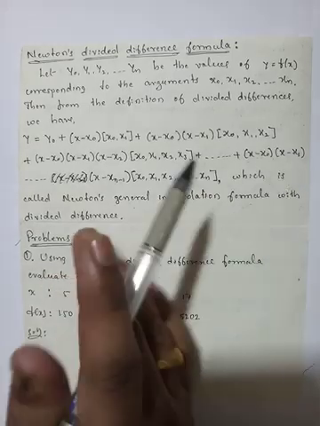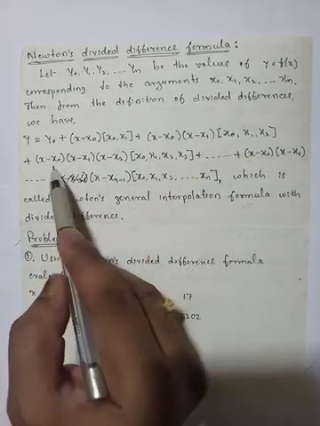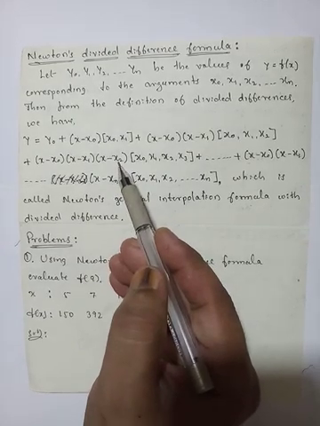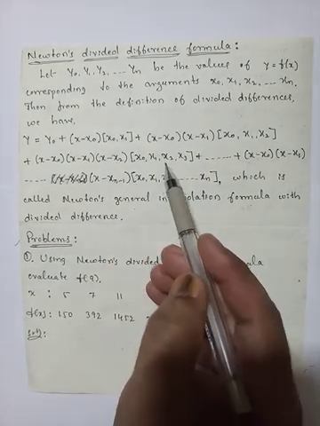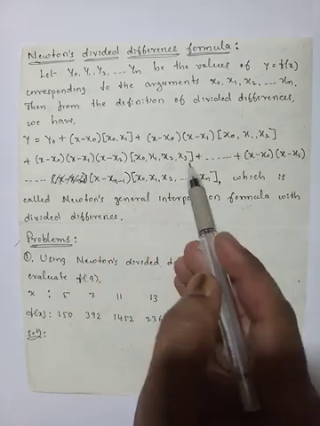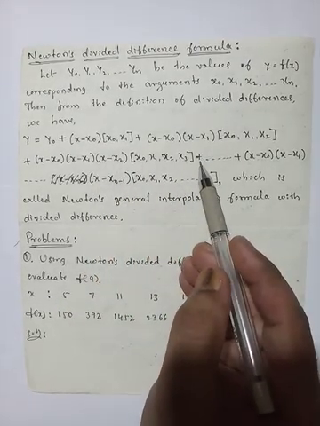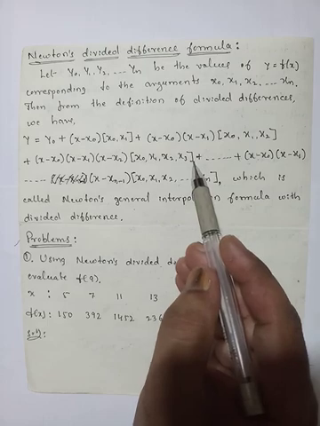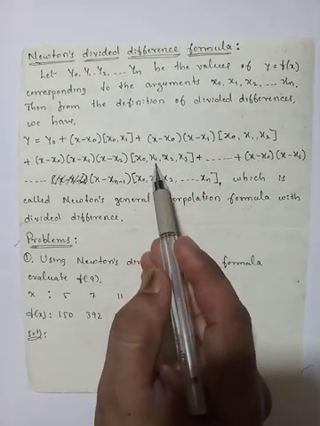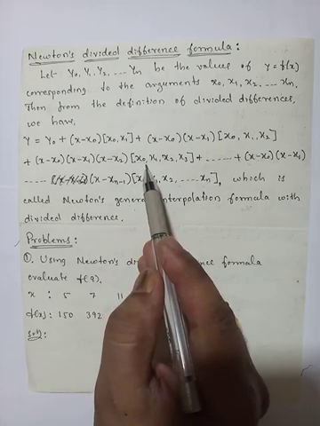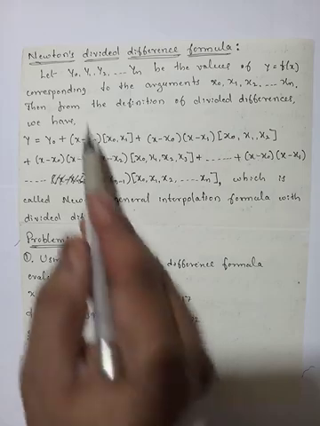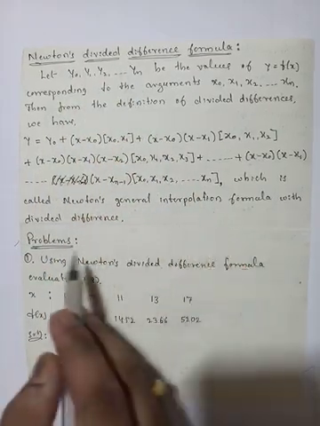Then (x minus x0)(x minus x1), then we continue with x2, (x minus x2), and this is called the third divided difference value. Likewise we continue the formula depending on the divided difference table. If we have up to the third divided difference in the table, we write it till this. Now this is called Newton's divided difference formula.